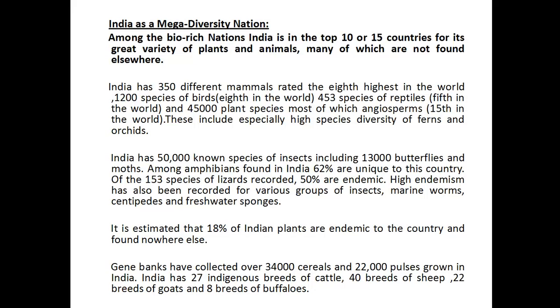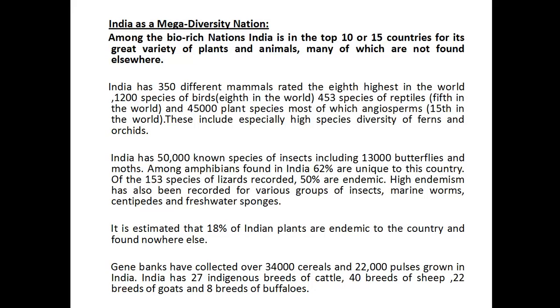These include specially high species diversity of ferns and orchids. India has 50,000 known species of insects, including 13,000 butterflies and moths. Among amphibians found in India, 62% are unique to this country.